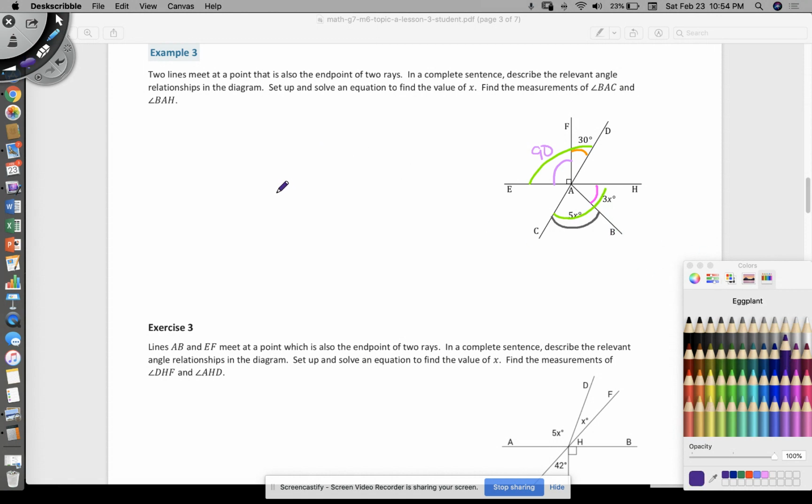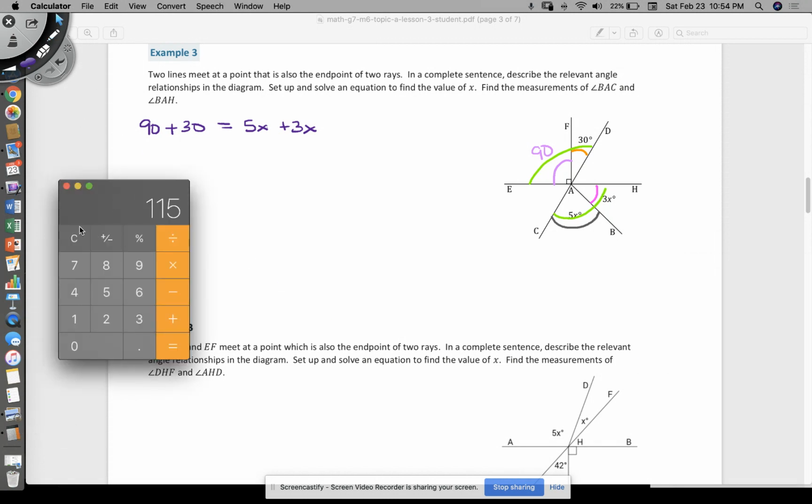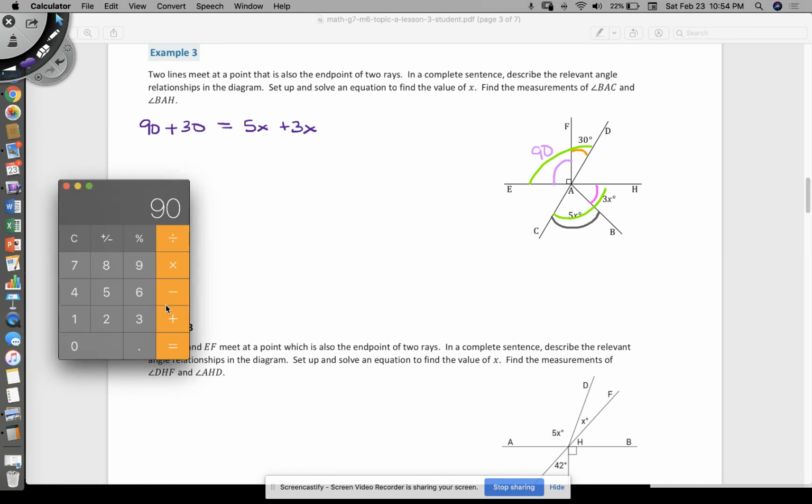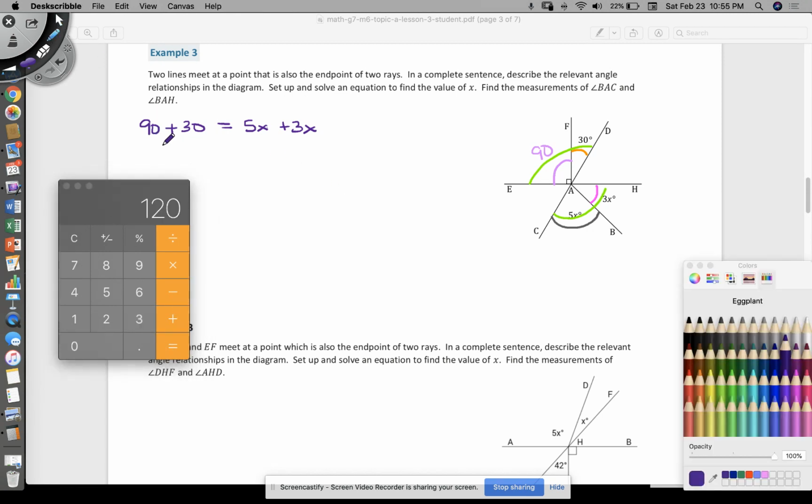So I can say that 90 plus 30 equals 5x plus 3x. All right. And again, I like to get out the calculator so often just to help you guys on how to use your calculator correctly. So we're going to say 90 plus 30 is going to give me 120. And 5x plus 3x gives me 8x.